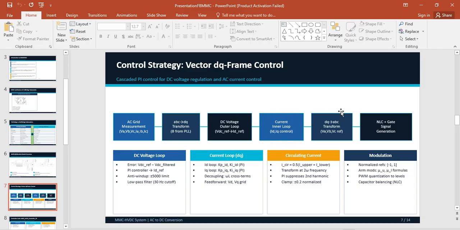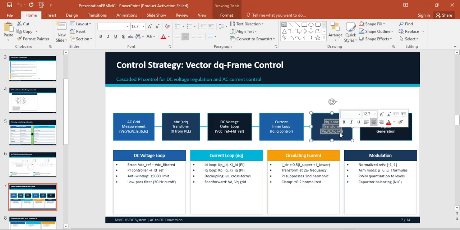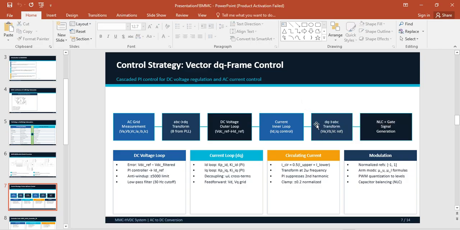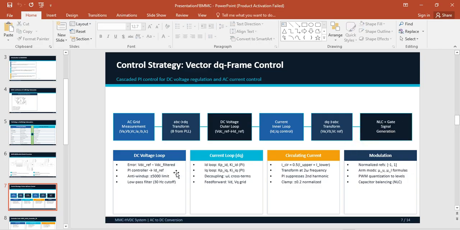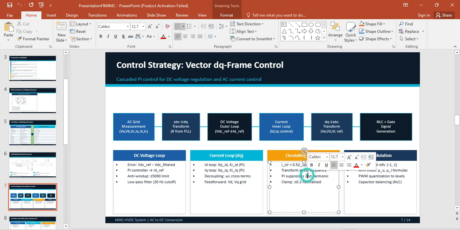Then after this, we have the reverse transformation, DQ to ABC. Also, the circulating current control is happening here. After that, we have NLC and gate signal generation. So this is the detailed discussion of each control, where we have the DC voltage control loop, current control loop, circulating current control loop, and then modulation.